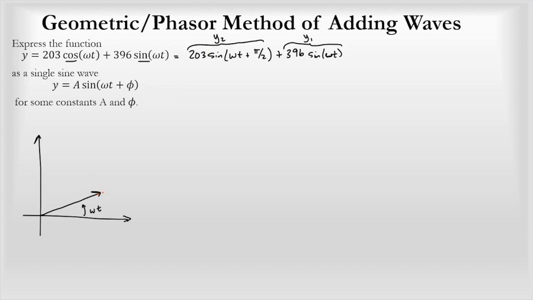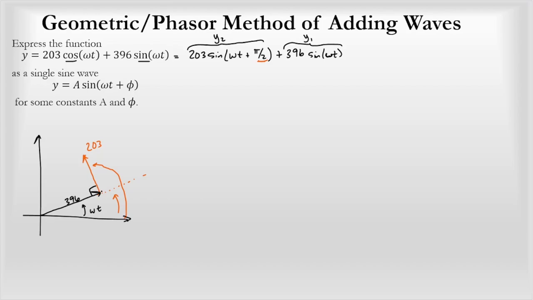If I let this be the original one, this one gets added at 90 degrees from here. This is a 90-degree angle. So if this is omega t, I'm going to go omega t plus 90. So that's this thing here. This is 203, and this is 396.